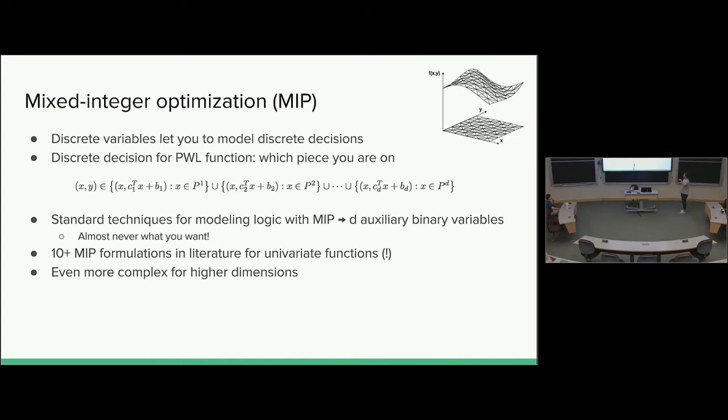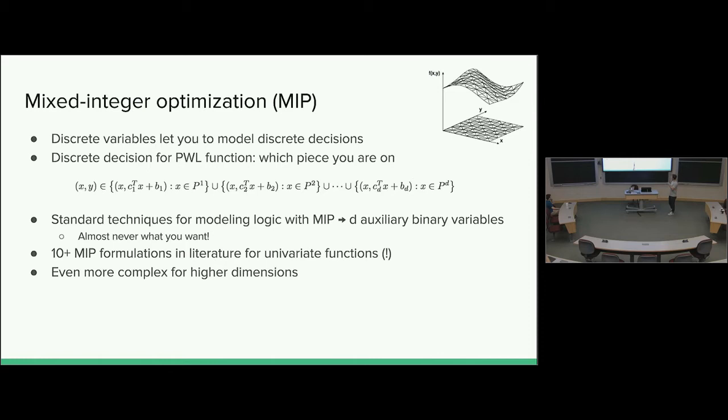We can state it mathematically here. If we have our variable x, and y is the response, the value of the function, we can say that this pair has to lie in this union of sets. Looking at the first one, if x lies in P1, then the y component has to be equal to the linear value of that particular piece.